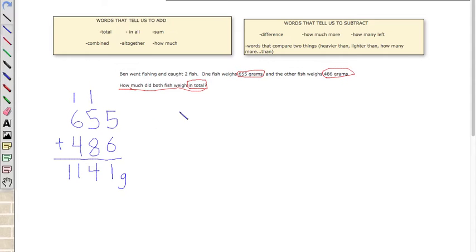We can take 655, and if we want to add some mental math, I know that 655 is the same as 600 plus 50 plus 5.